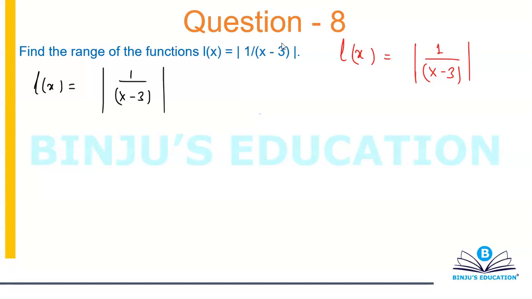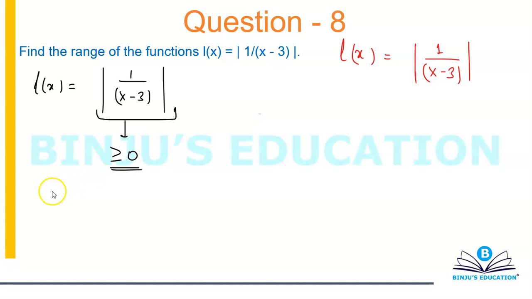Now I also know one thing, that if I have a mod on this entire function, this value will always be greater than or equal to 0. That is, L(x) can never be negative, that's one thing for sure.